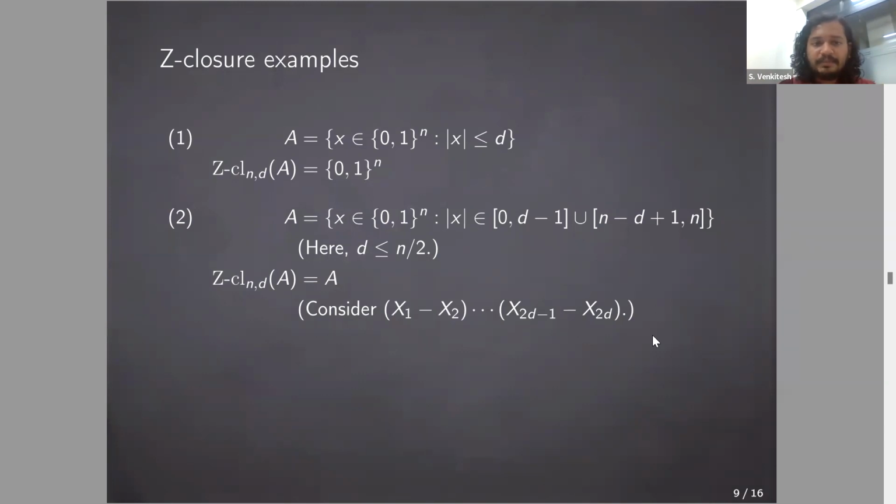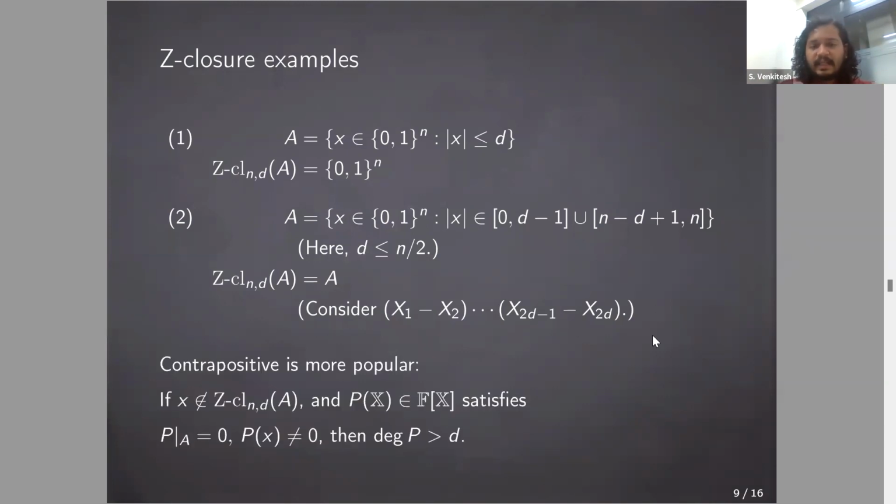Okay, so in fact, the statement about closures is more popular. When I say popular, what I mean is more applicable, in the contrapositive sense. So what is the contrapositive of determining a degree D closure?